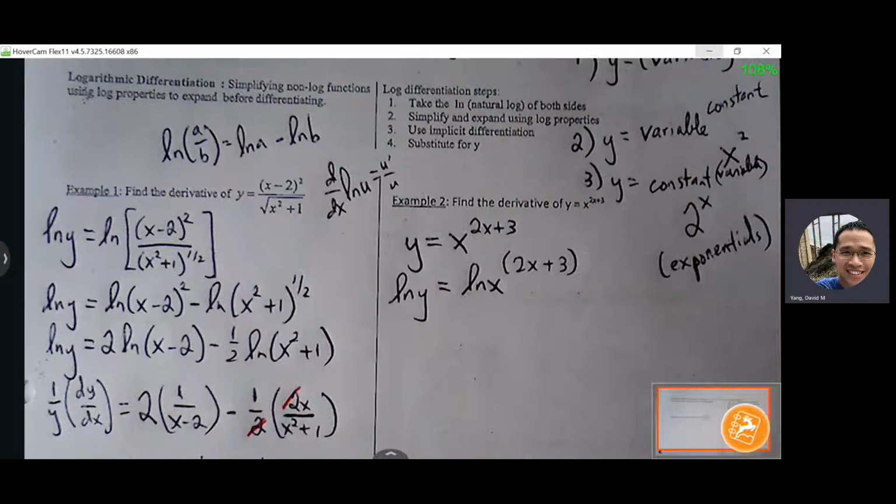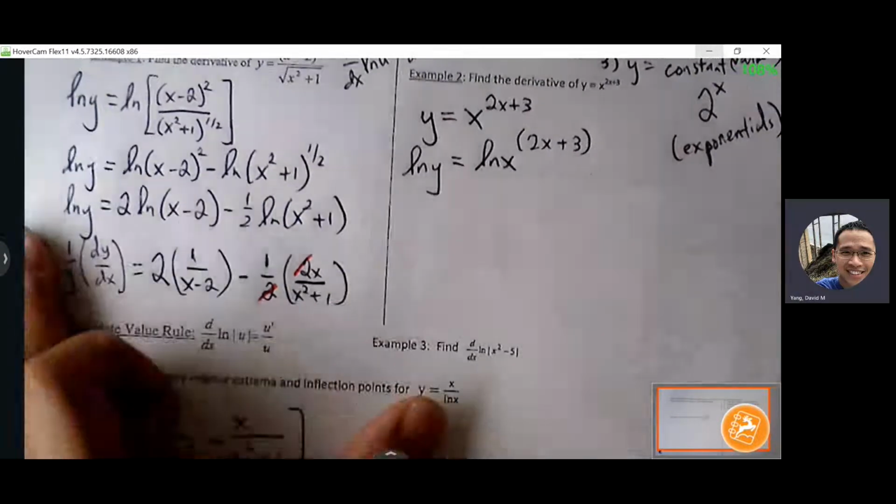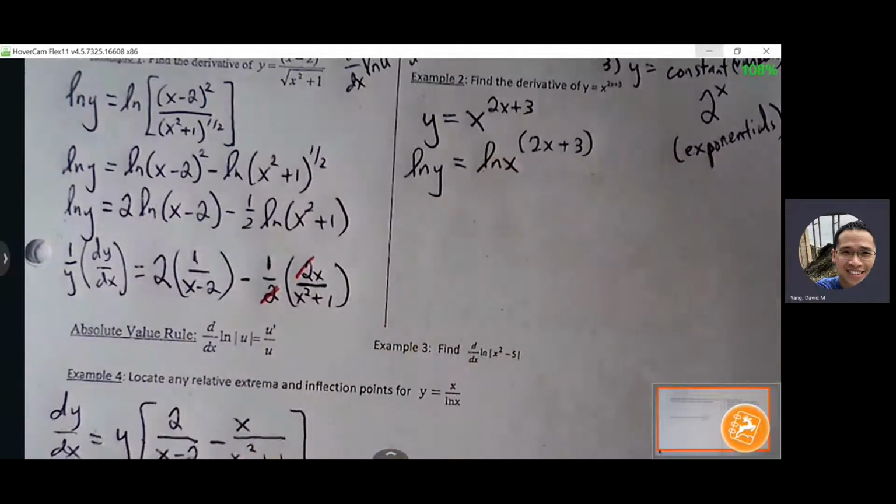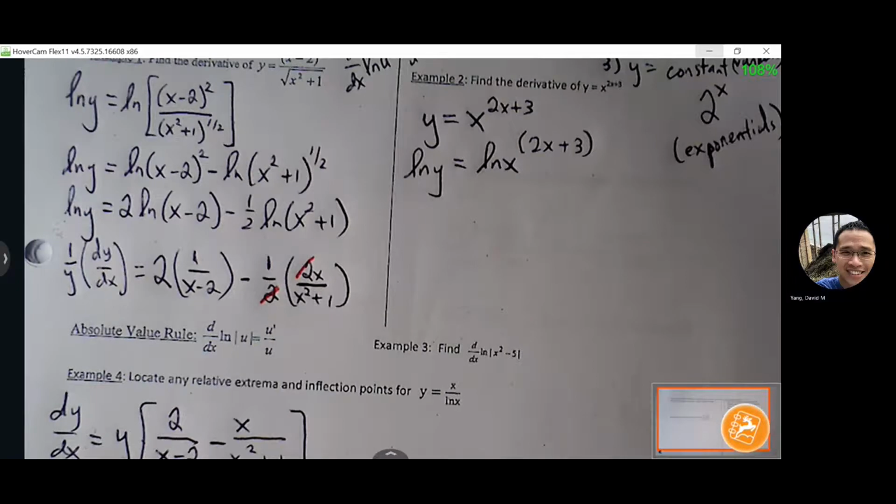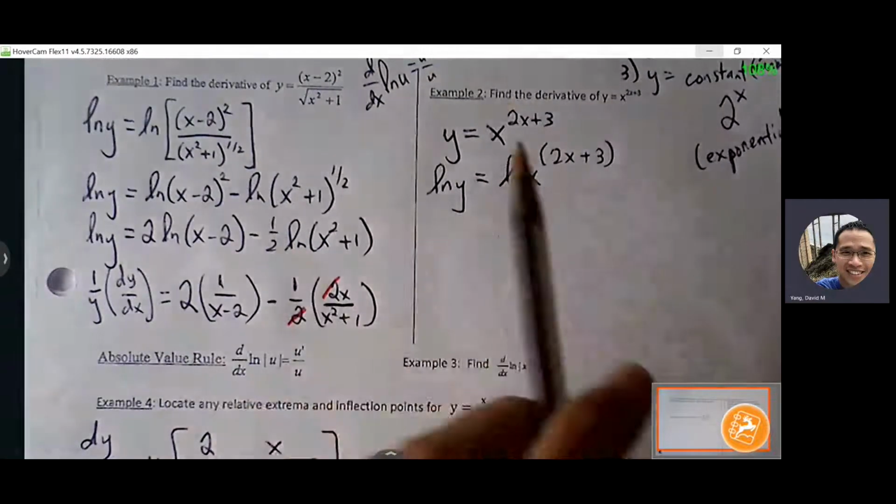So now that we have both sides under a natural log umbrella, what can we do? What property can we apply to get that right side to look a little differently? Okay. Power property, right? Power property.